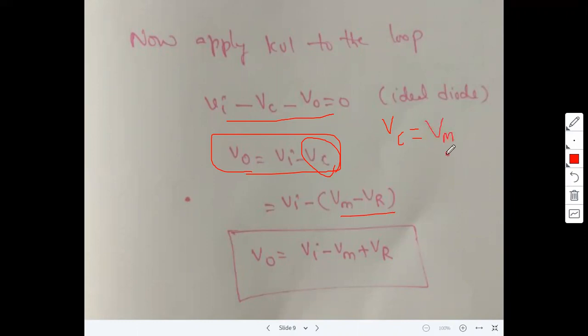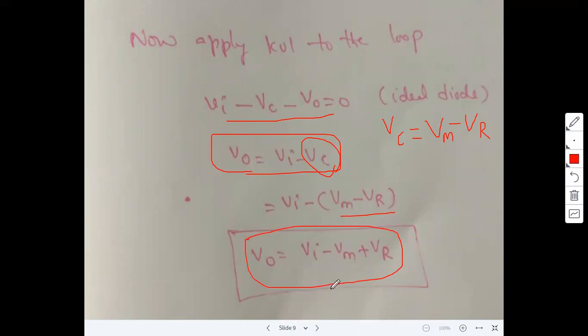Now the capacitor voltage is reduced to Vm minus Vr. Substituting, Vo is equal to Vi minus Vm plus Vr. This expression is valid after T by 4, the first quarter cycle of the input signal.